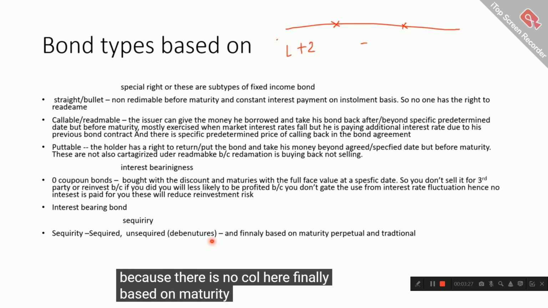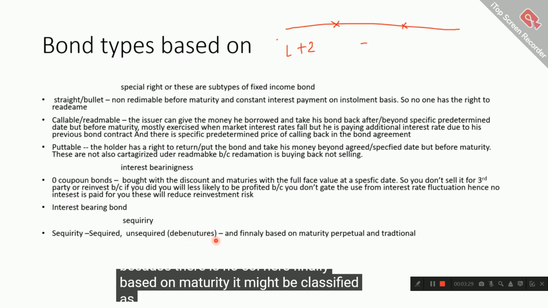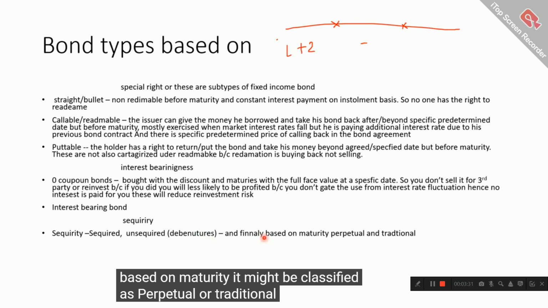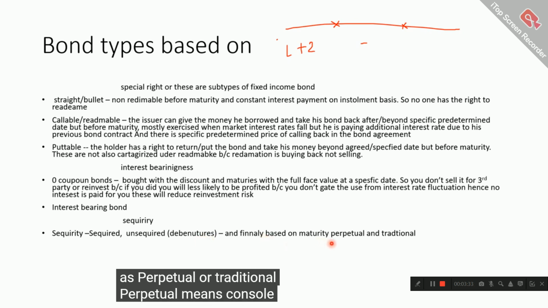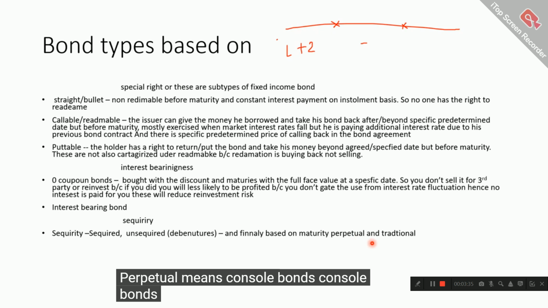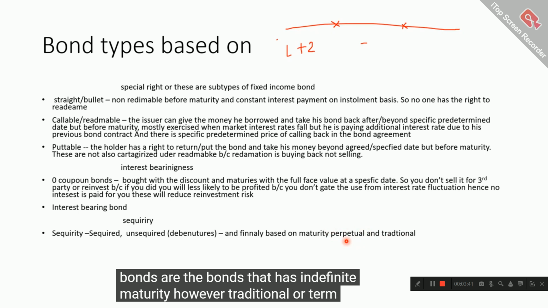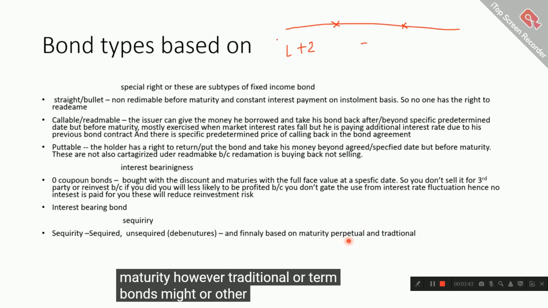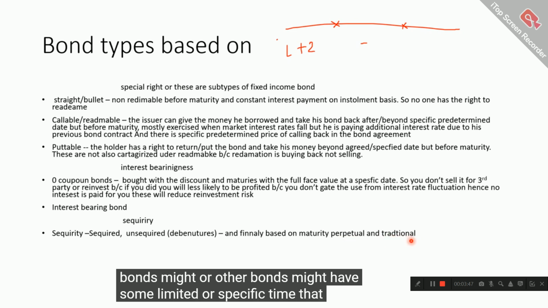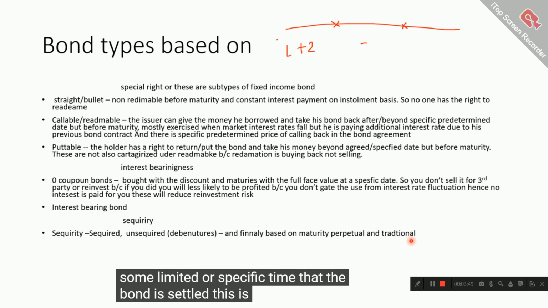Finally, based on maturity, bonds might be classified as perpetual or traditional. Perpetual means console bonds. Console bonds are bonds that have indefinite maturity. However, traditional or term bonds might have some limited or specific time when the bond is settled. This is all about bonds.